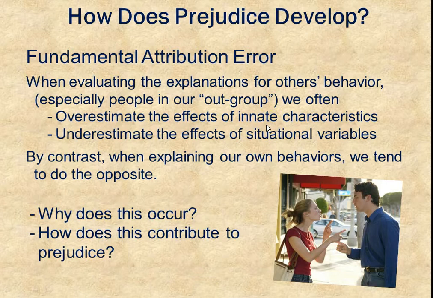So the fundamental attribution error basically causes us to reinforce our prejudice. It reinforces that out-group bias that we have. And I think you will also witness that in the Jane Elliott experiment, as well as in the bystander intervention video that I'm having you watch.